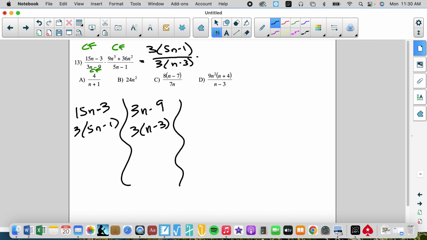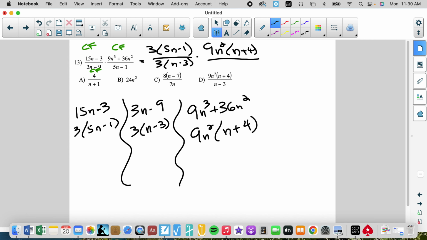Let's factor out a 9n squared from 9n cubed plus 36n squared. We get n plus 4. 9n squared times n plus 4. And that bottom right can't be factored any further. So 5n minus 1, no, n minus 3.